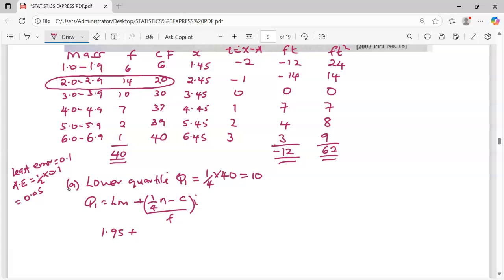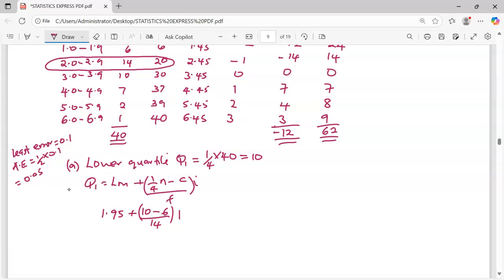plus a quarter of n will give us 10 because n is 40, so a quarter of 40 is 10, minus the cumulative frequency before the lower quartile class, which is 6, divided by f, which is the frequency in that class, which is 14. We multiply by the class interval of 1, because from 1.9 to 2.9 is 1.